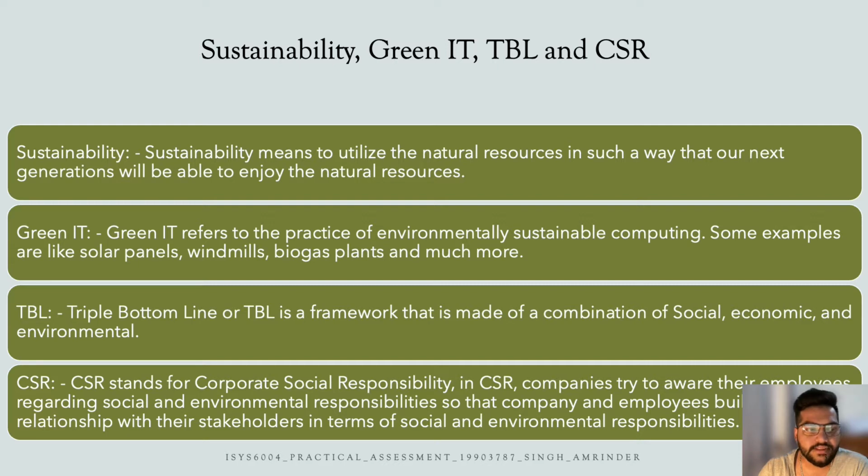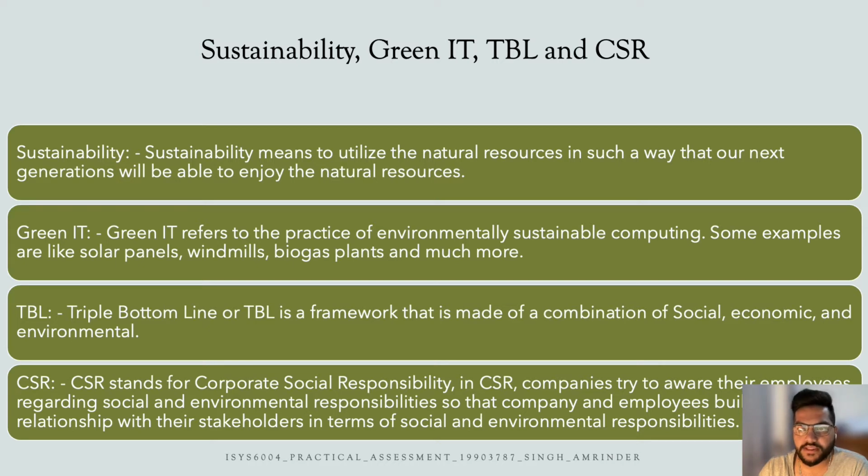The next one is green IT, green information technology. It refers to the practice of environmentally sustainable computing. It means the use of green information technology to increase the productivity of the company.